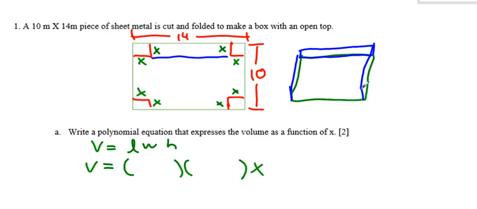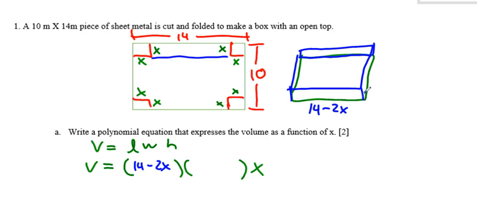So here's our box. It's got a height of X. This little inner portion here will be 14 minus what we cut off. We cut X from each side, so this is going to be 14 minus X from each side. That's minus 2X. That's our length, 14 minus 2X.